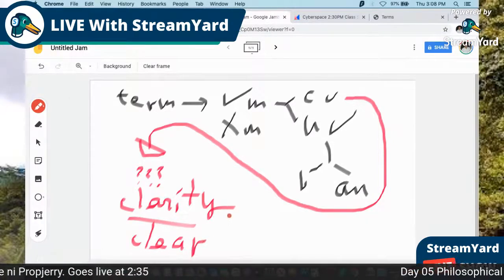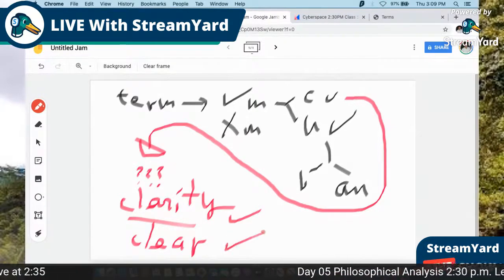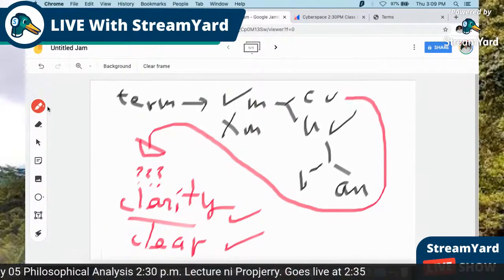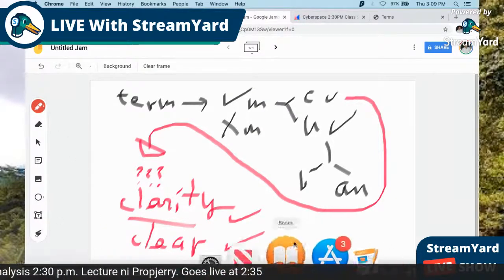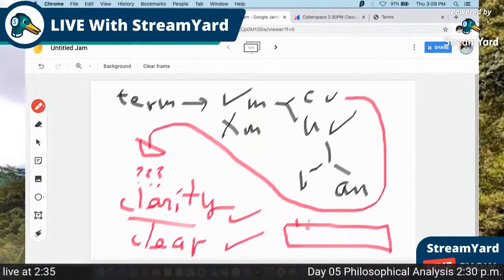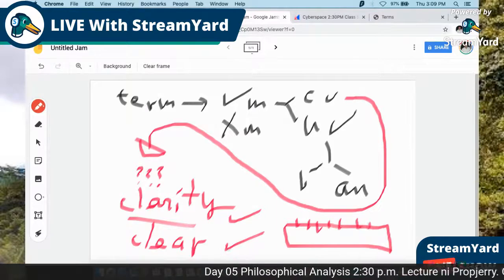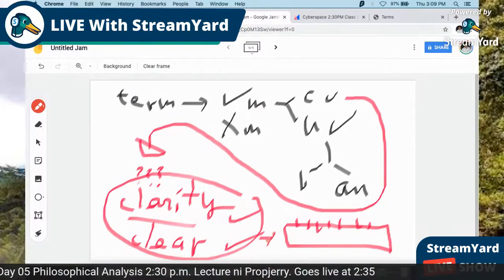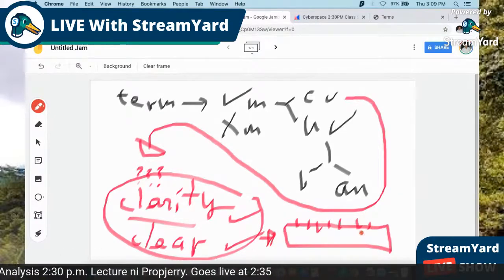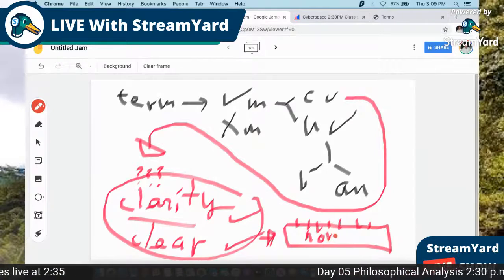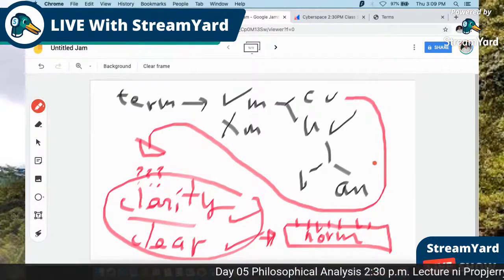Let me repeat that, being clear has to be clear to you. You don't get confused. How do you do that? You should have a measure of what you mean when your term is clear or not. So what's your measure? There you go. What's your norm? Okay, so far so good.